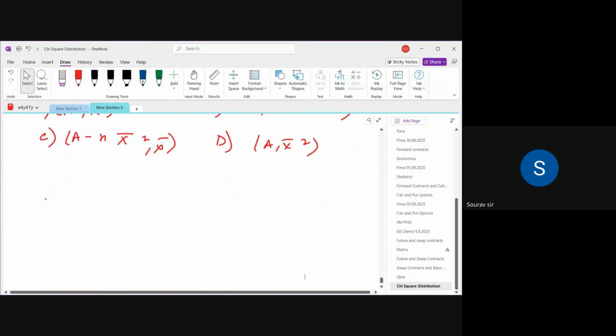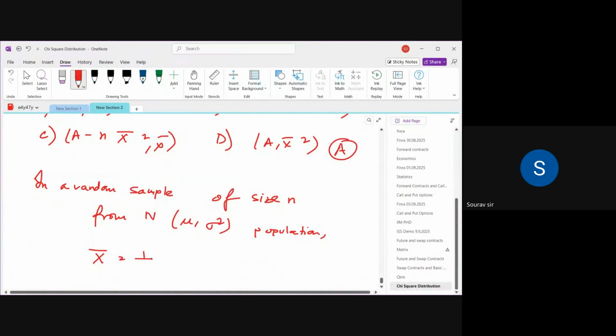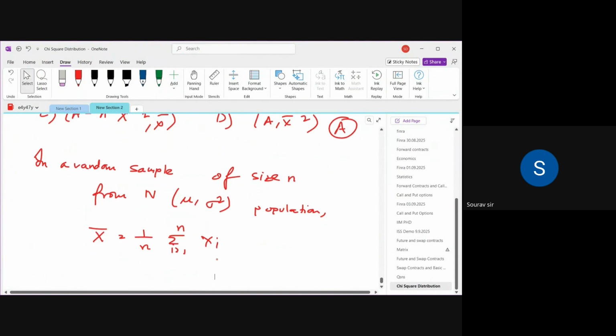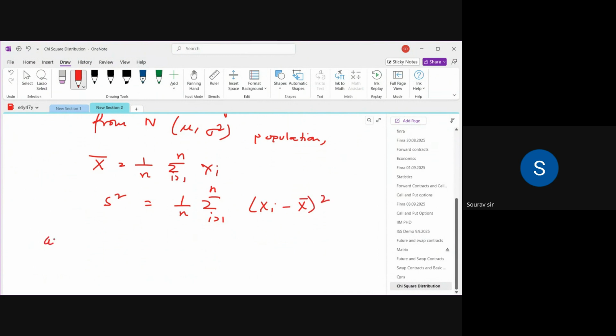Okay, let's do A. So in a random sample of size n from an N(mu, sigma square) population, x bar is 1 by n summation i from 1 to n of xi, and S square is 1 by n summation i from 1 to n of (xi minus x bar) square. They are independently distributed.